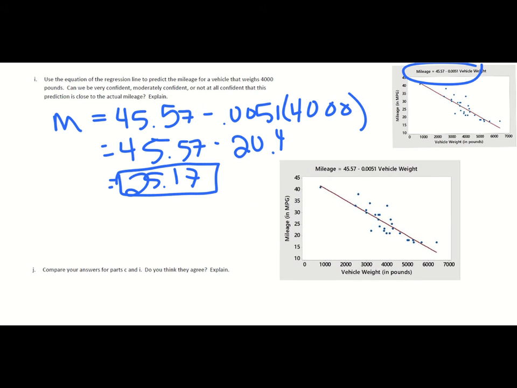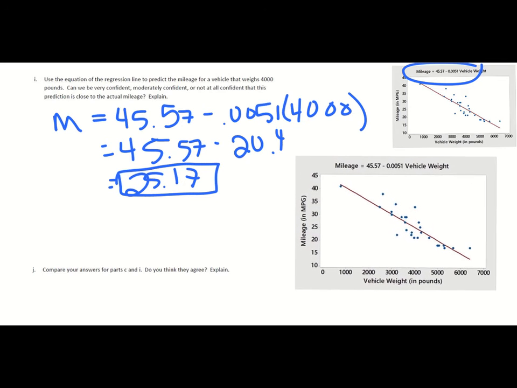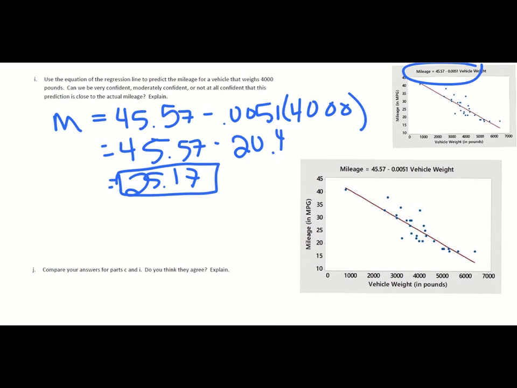So if I look on my graph, let me see if it'll let me shrink this. Okay, let me add in another image. It might be better. So for the 4,000 pound vehicle, I'm going to try to draw on this picture. For 4,000 pounds, you're about right here.